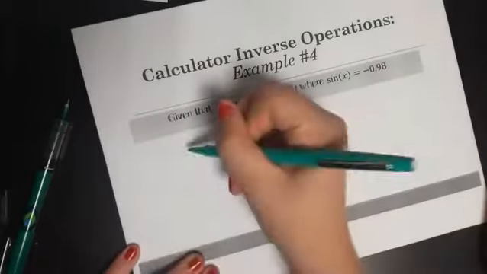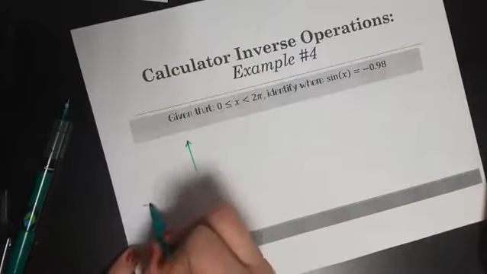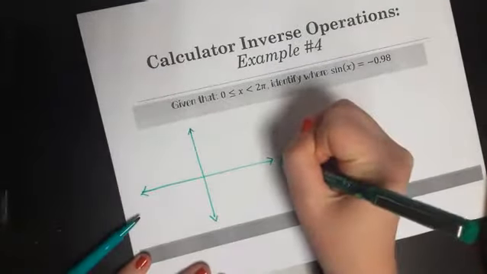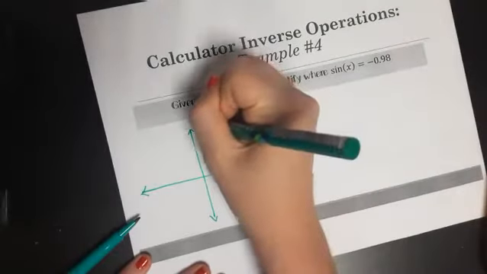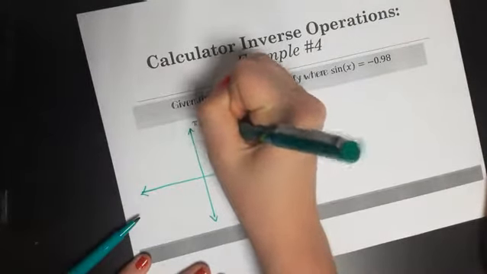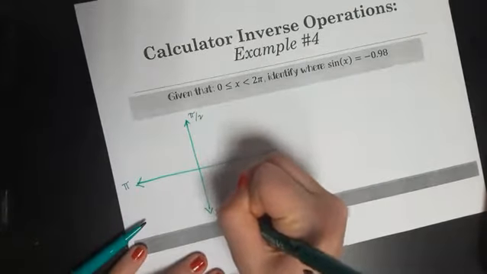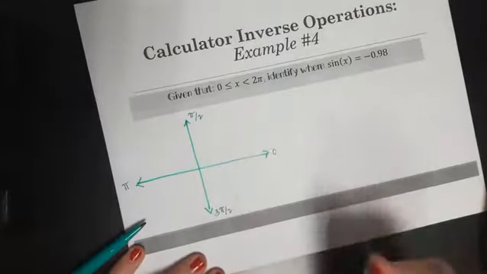So what I want you to start off by doing is making a circular reference frame where you're working with radians. So remember, when we deal with our radian values, this over here is going to be 0. This up here is pi over 2. This is pi. And this is 3 pi over 2.